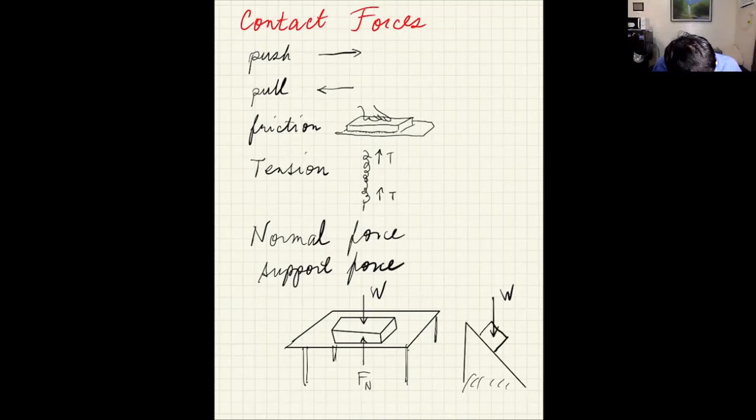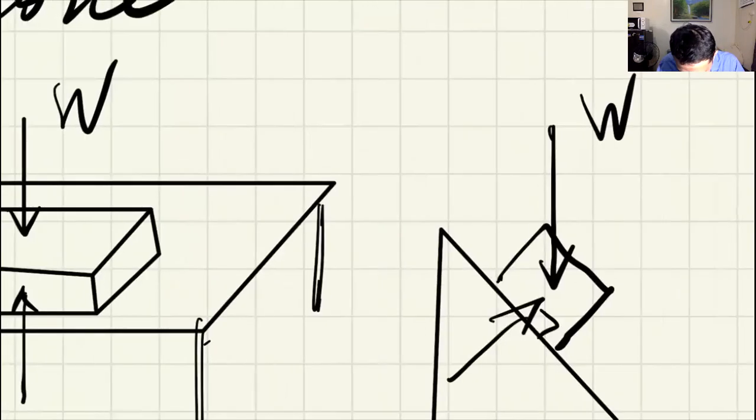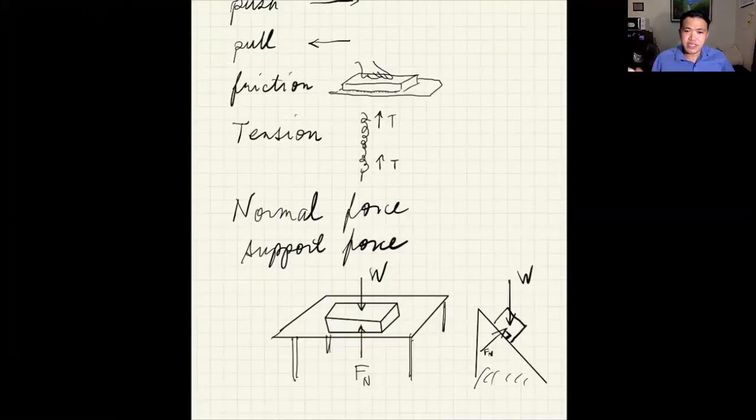So the normal force here is something like this, perpendicular to the surface. Let me write here, that's perpendicular. So this is now your normal force. It's a little bit slanted as well because the surface is also inclined. Do you know other contact forces?